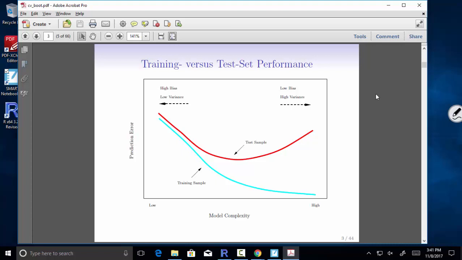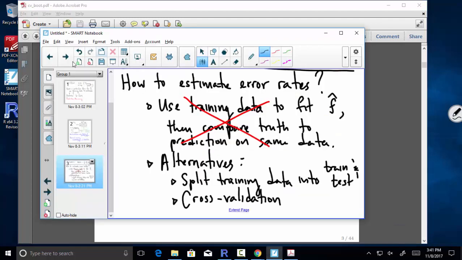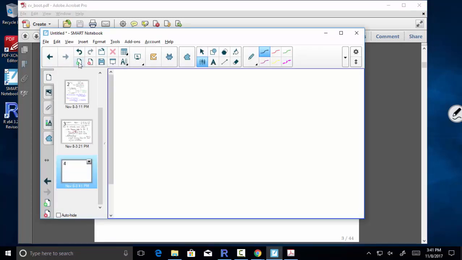In fact, there is an interesting relationship that says for a numeric estimator, so let's say that theta is a numeric parameter, and theta hat is some estimator.